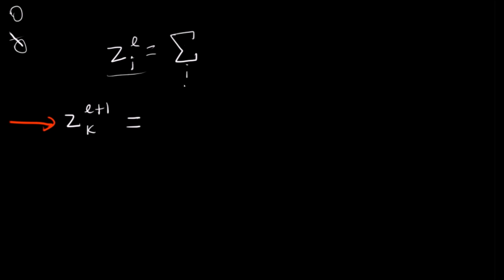Sorry, I keep saying activation, the input here. We define this as all the previous weights of the layer times the previous activation of layer L times J, plus the biases of this layer, right?